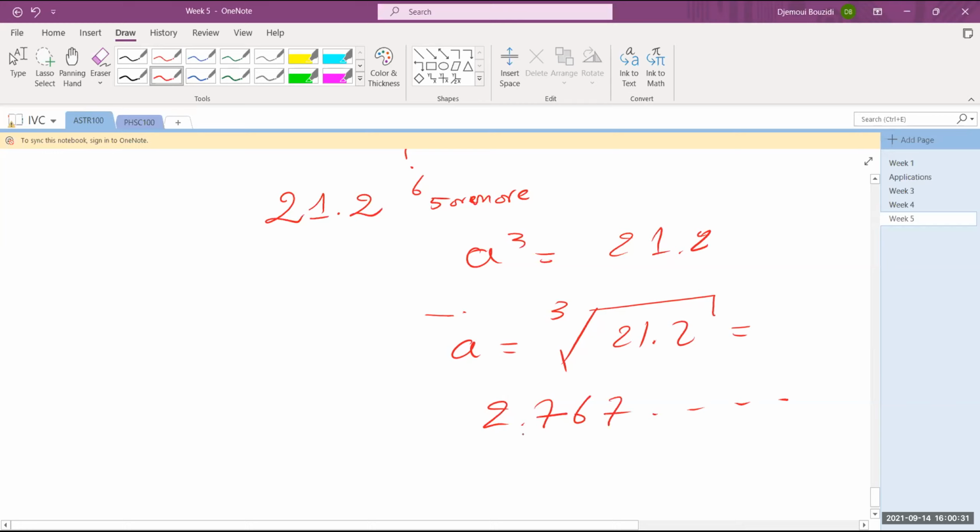The reason I'm not writing those other digits is because they don't matter. I have only 3 significant figures, so I cannot make up more significant figures than what I started with. The 2 is good, the 7 is good, the 6 is good, but is it really a 6 or not?